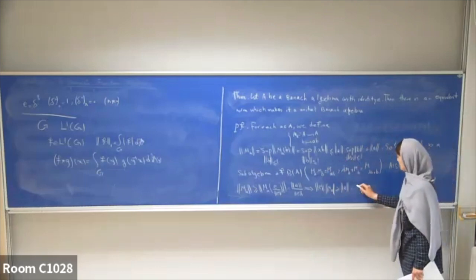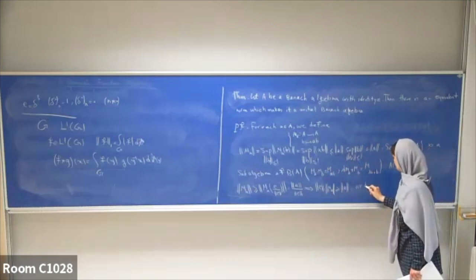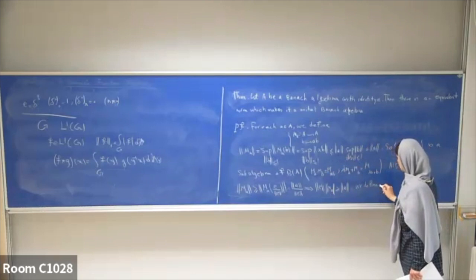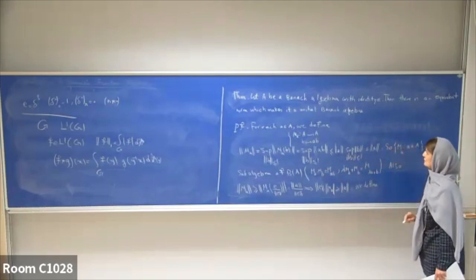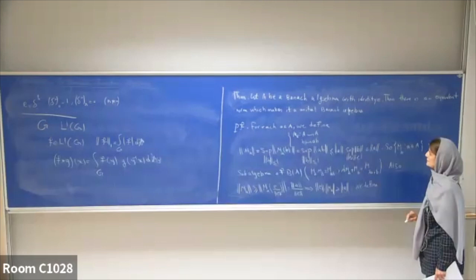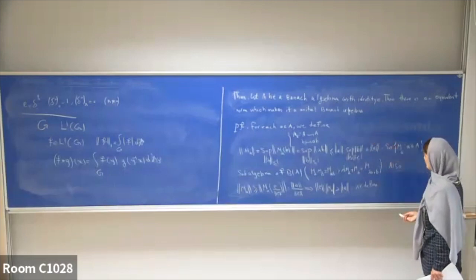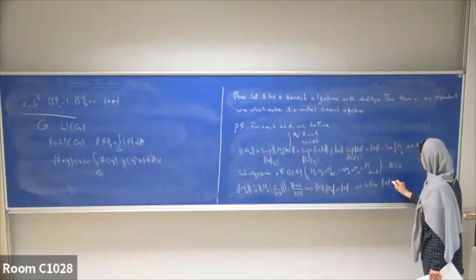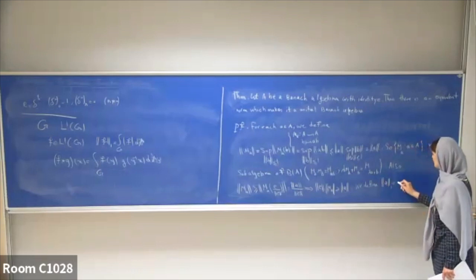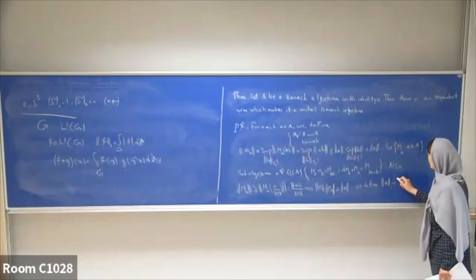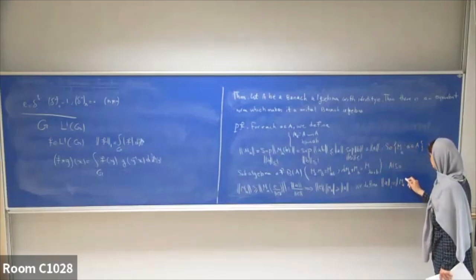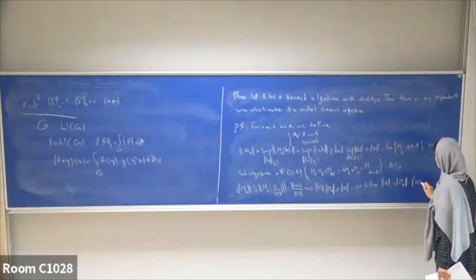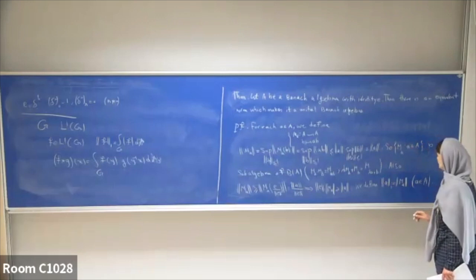Anyway, we define, it's clear, what is the equivalent norm? We define the norm of A, the new norm, to be norm of M of A for each A in the algebra.